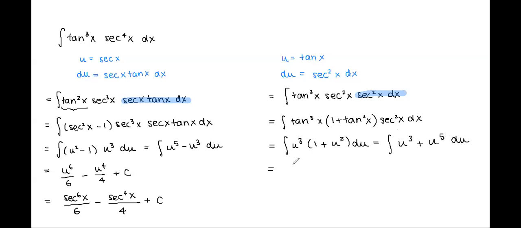This is going to give me u to the 4, sorry, over 4 plus u to the 6 over 6 plus c, which if I substitute back into the value that I chose for u over here, which is tangent, means that I have tangent to the 4 of x divided by 4 plus tangent to the 6 of x divided by 6 plus c.